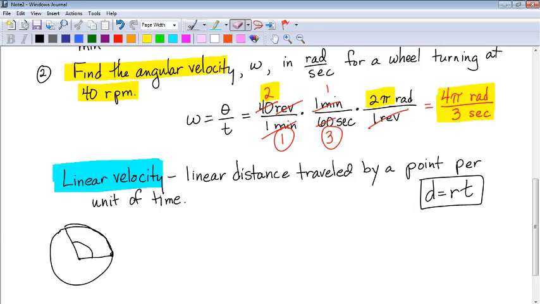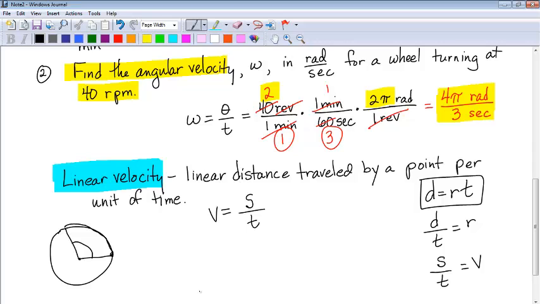Solve this for rate: distance divided by time equals the rate. But our distance is s, so s divided by t. And we're not using rate, we're using v. So linear velocity equals the distance, s, divided by t.